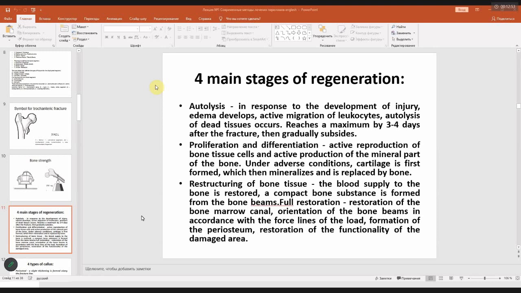Full restoration of the bone marrow canal, orientation of the bone beams in accordance with the force lines of the load, formation of the periosteum, restoration of the functionality of the damaged area.